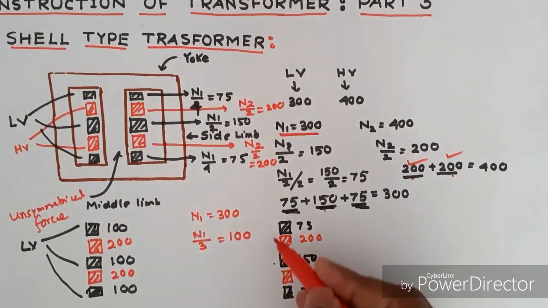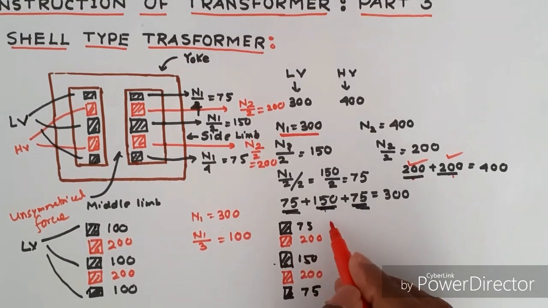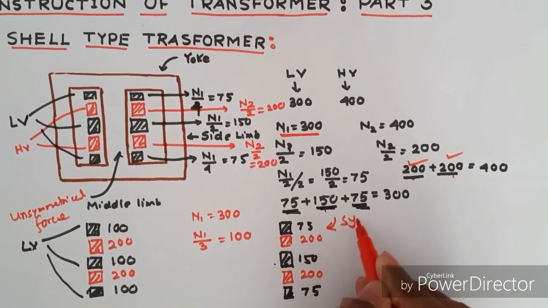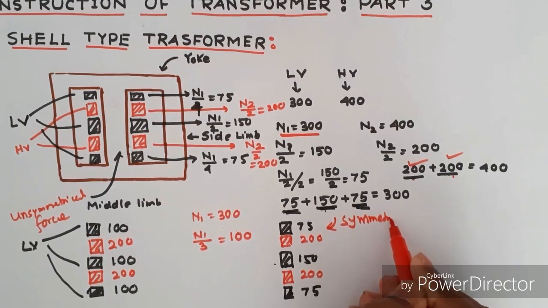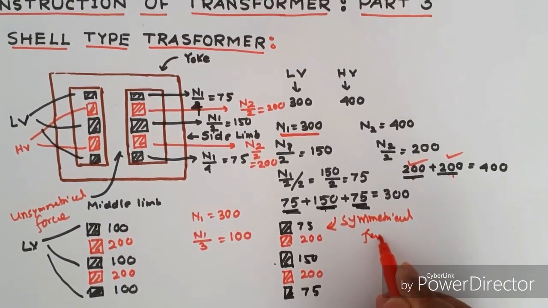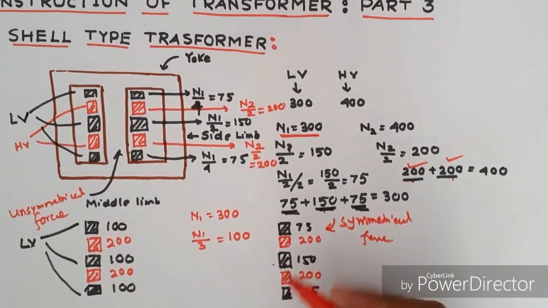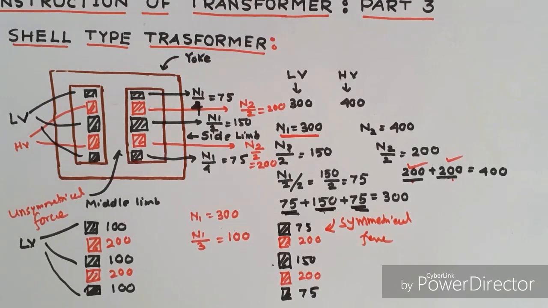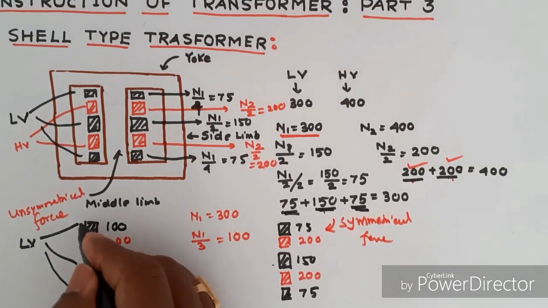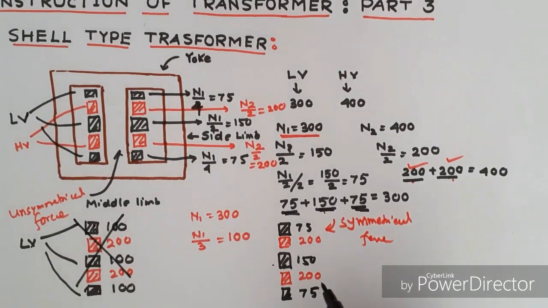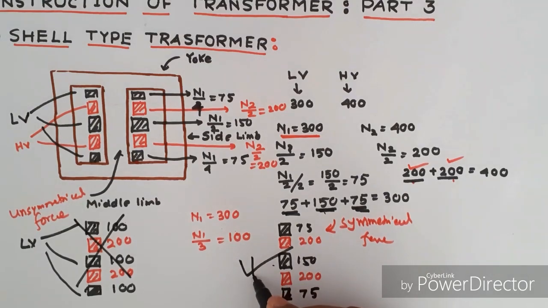If we do this type of configuration, then we get the symmetrical force between the winding. Here we get unsymmetrical, here we get symmetrical. Therefore, in construction of shell type transformer, we do not use this configuration, we use this configuration.